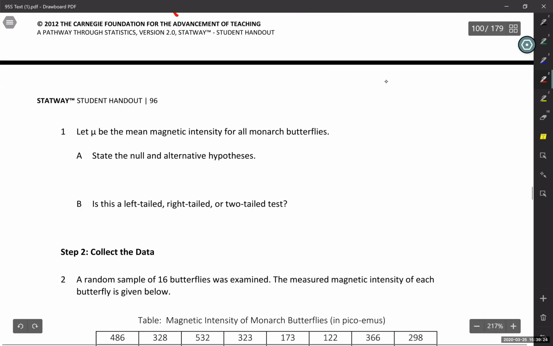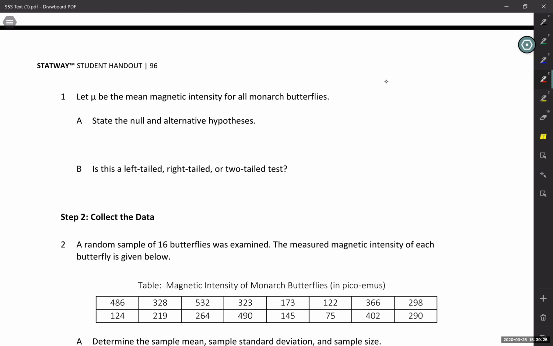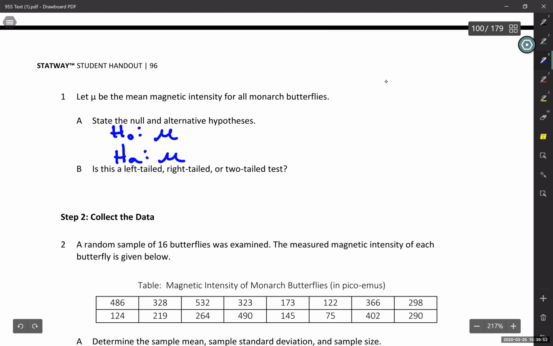Okay, so here we have mu being the mean magnetic intensity for all monarch butterflies, so we don't need to state that. And we just want to go ahead and write out the null and alternative hypotheses. We are in mean, so we are using mu.